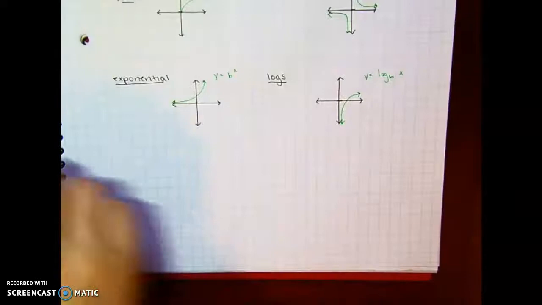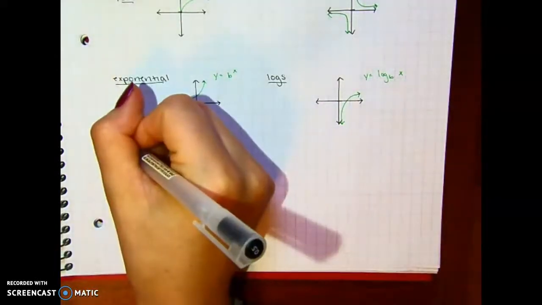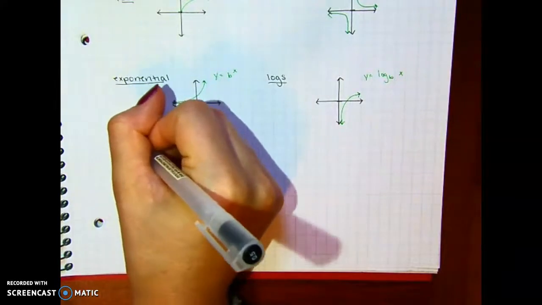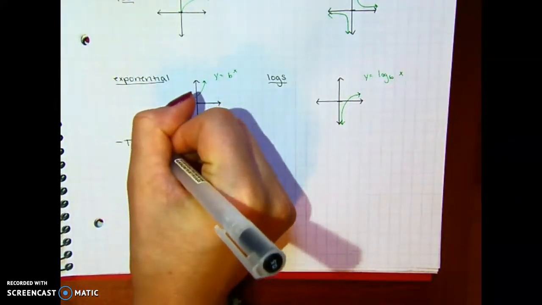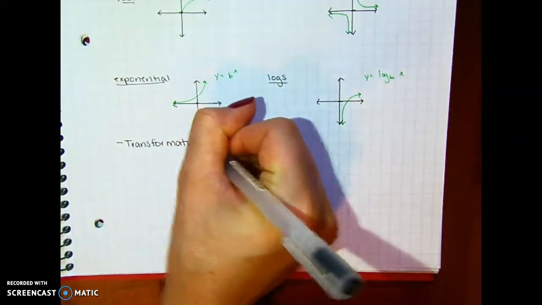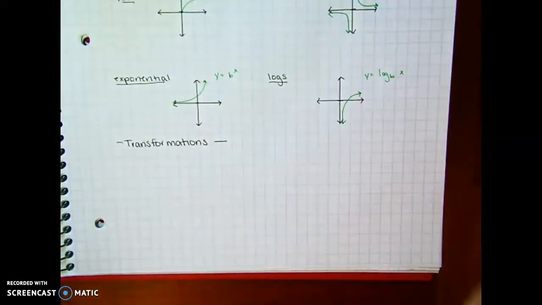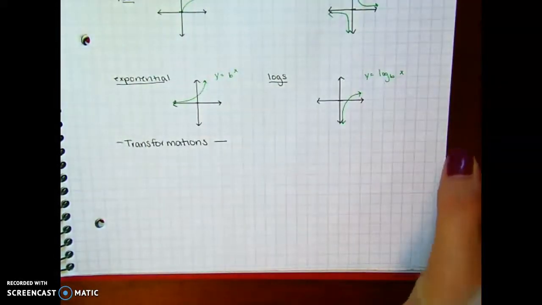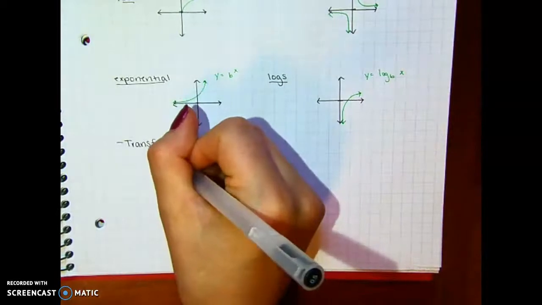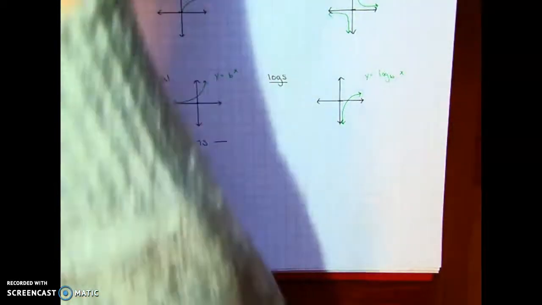So this is also something you learned all last year for every single one of these. And the cool thing about transformations is that every parent equation is affected the exact same way with your transformations. So I'm going to write a generalized equation, y equals, and then I'm going to do some color coding.